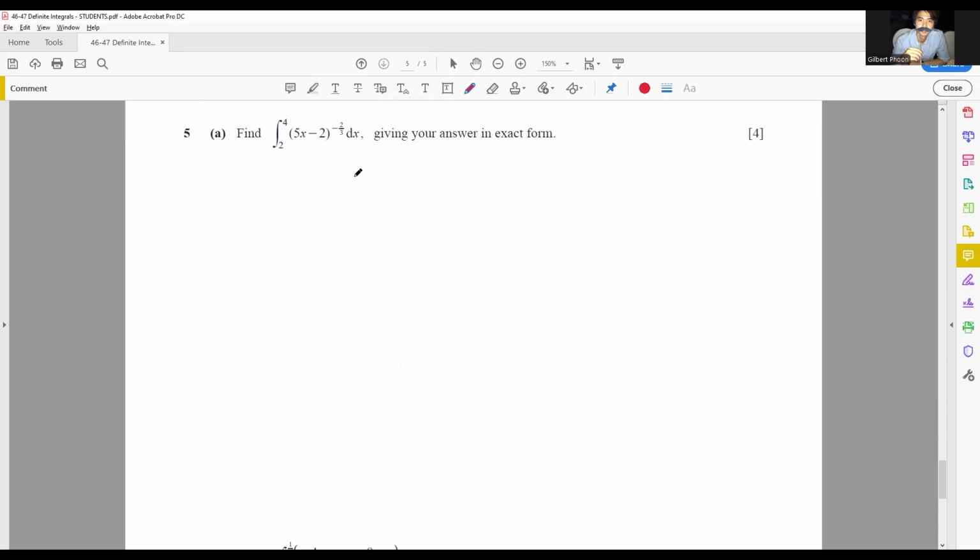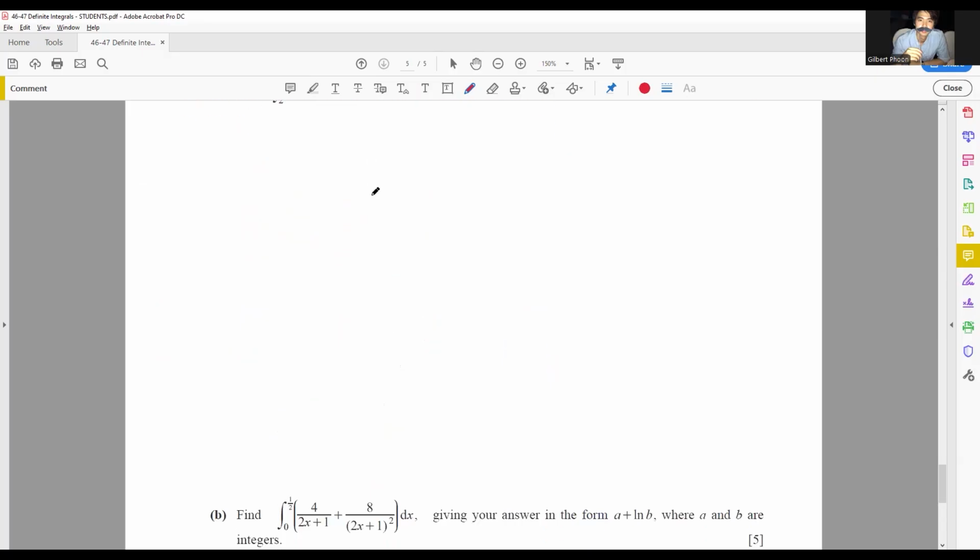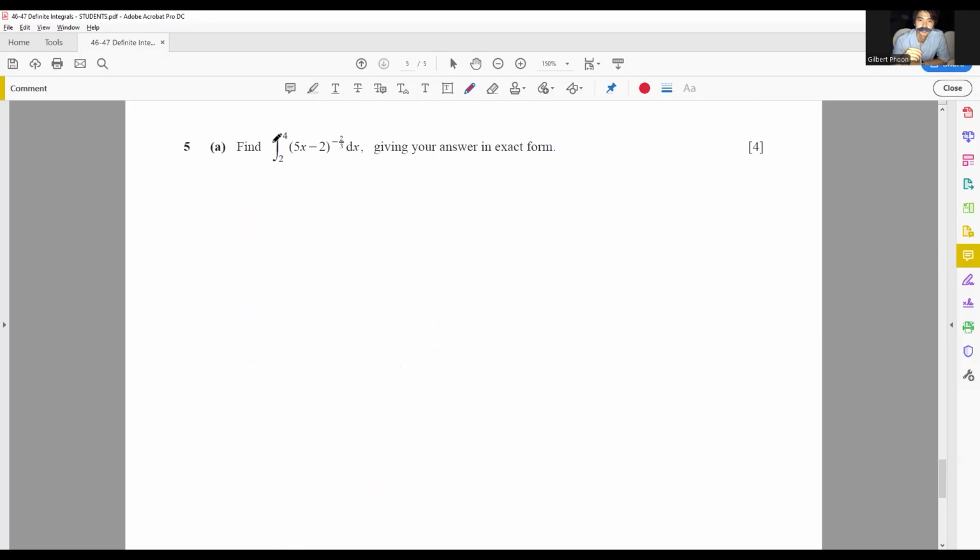All right, one last question, one last example that we have. In this question here, find the integration of 5x minus 2 to the power of negative 2 over 3 between 4 and 2, right? So doing my integration first, this is somewhat of a chain rule.